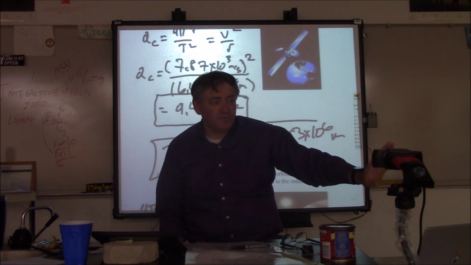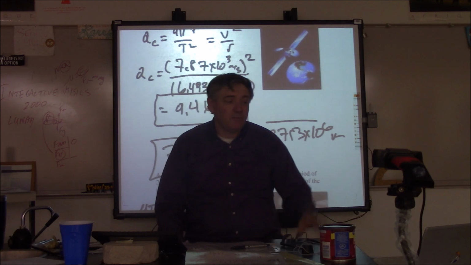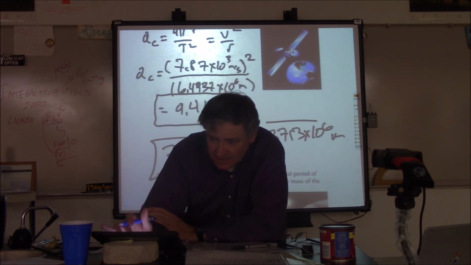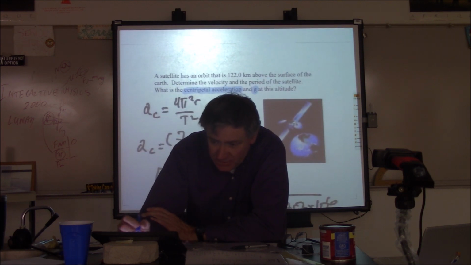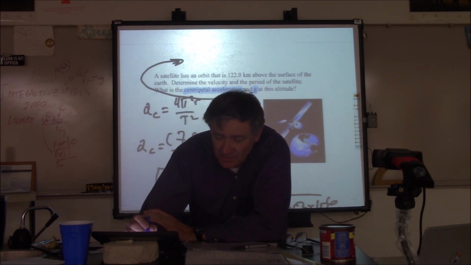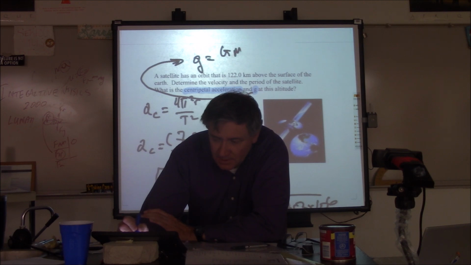Okay, everybody cool with this? Now, we have one last calculation to do. And now we're going to try and figure out what little g is at this point. Not to be confused with big G. So little g is going to equal big G, mass of the Earth divided by that radius, 6.4937 times 10 to the 6 meters squared.